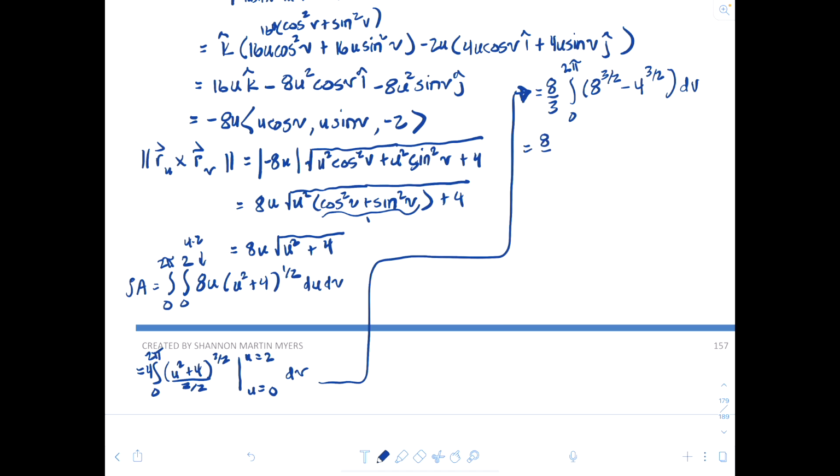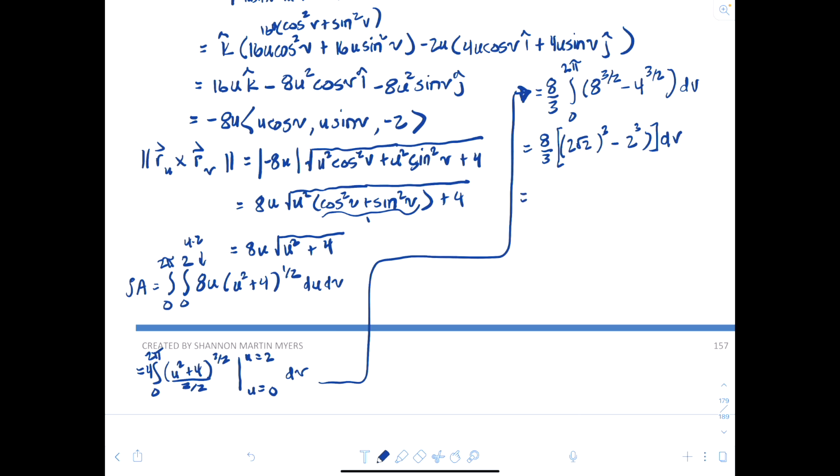This will be 8/3 integral from 0 to 2 pi. Actually, that's all a constant, so we can take it out. So we'll start simplifying here. So 8 to the 3/2 would be the square root of 8, the quantity cubed. So this would be 2 root 2 cubed. And then minus the square root of 4 is 2, so minus 2 cubed dv.